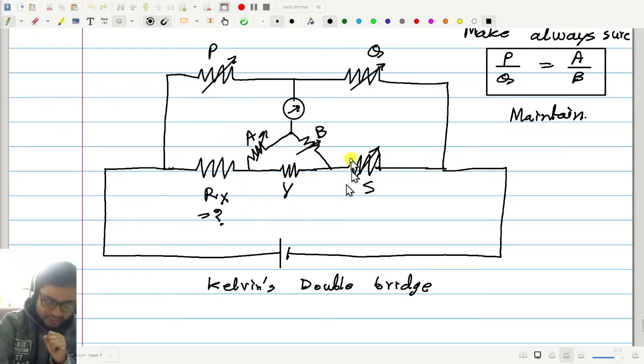And for this bridge, yesterday we saw, if we ensure that P by Q equal to A by B while we vary these resistances, then at balance the condition will be R by S is equal to P by Q is also equal to A by B, and the gamma, this resistance, will not come in the balance equation at all.